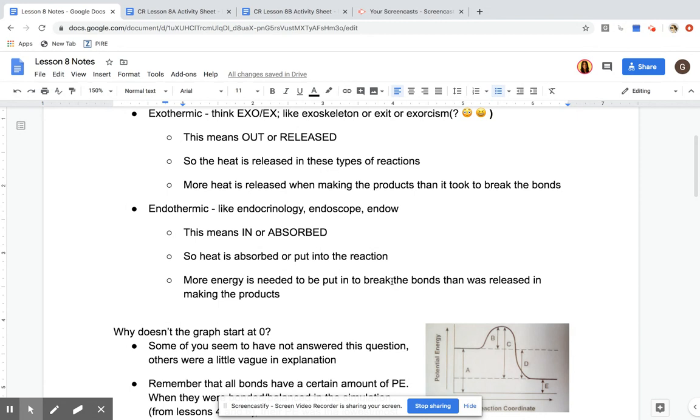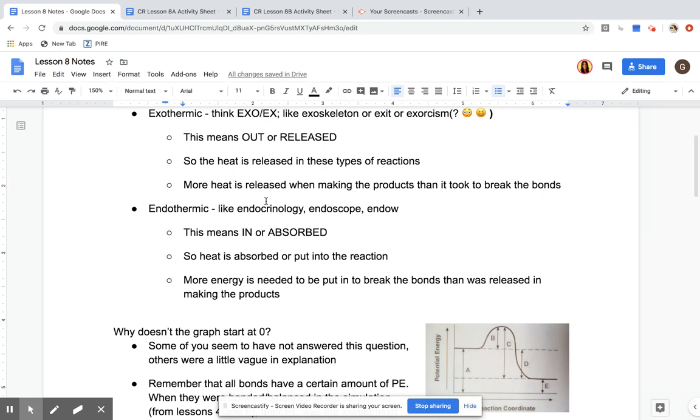Okay, so energy in our case is heat, but in other reactions it could also be light or other things. But when we're talking about combustion and trying to compare endothermic and exothermic, that's all about heat, right? So that's what's going on. Exothermic, heat is released; endothermic, heat is absorbed or taken in.